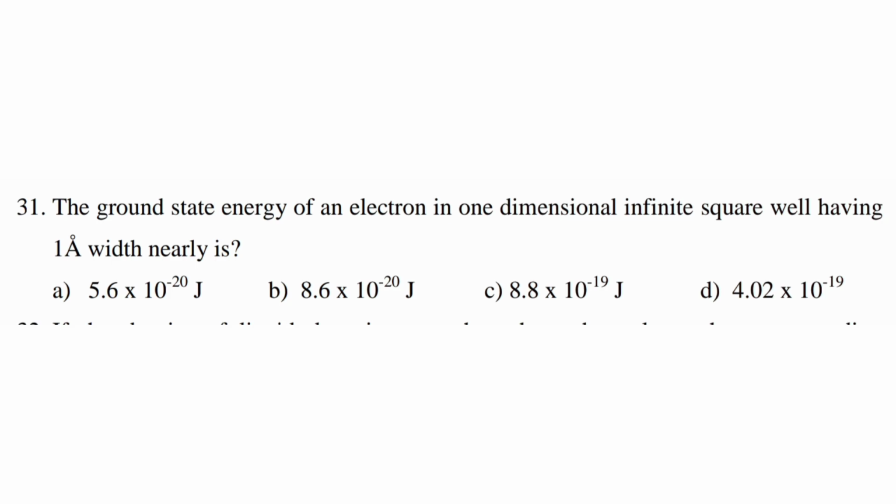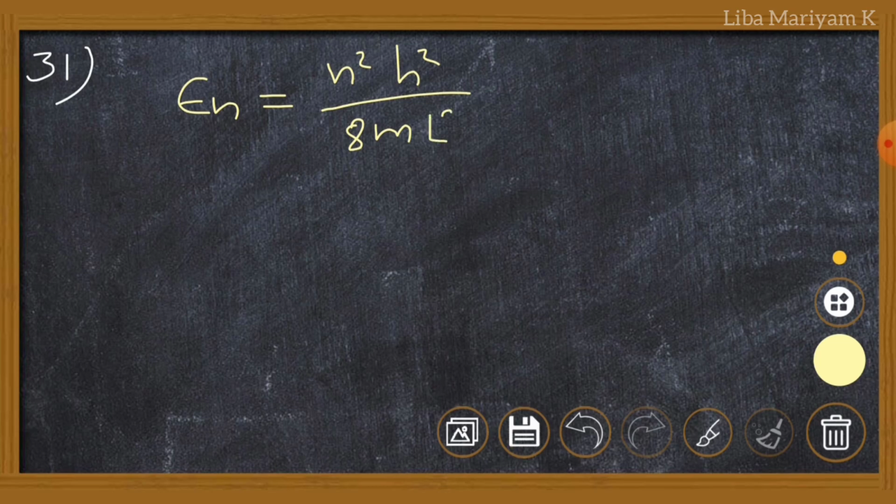Question number 31. The ground state energy of an electron in one-dimensional infinite square well having 1 angstrom width. Energy of a particle in one-dimensional infinite potential well is given by En equal to n square h square by 8 m L square.